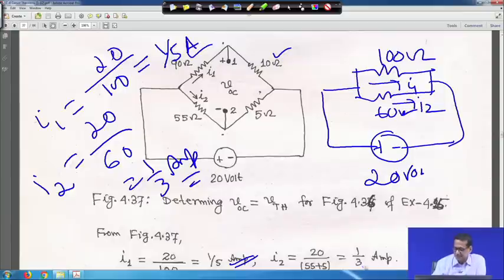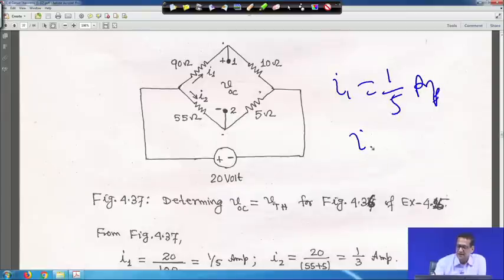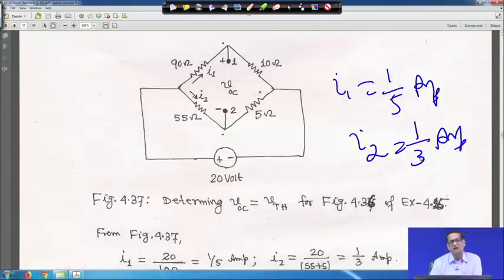That means we got I1 equal to 1 by 5 ampere and I2 equal to 1 by 3 ampere.